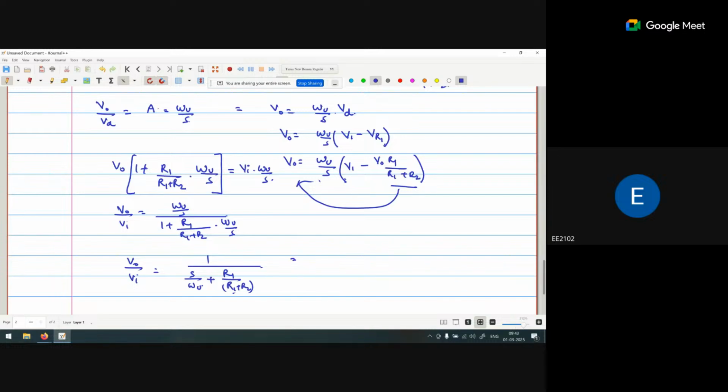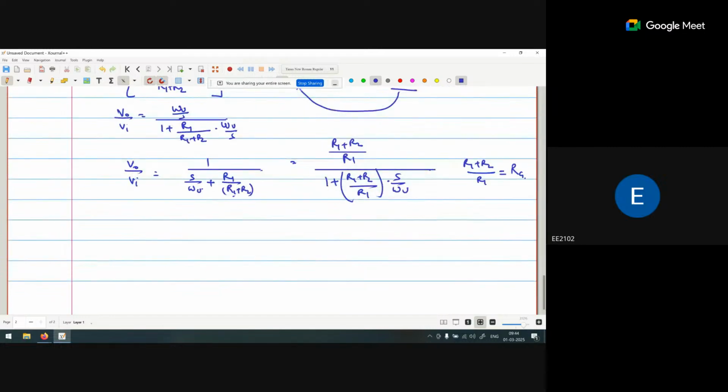Now if I further classify this one as A, if I take R1 upon R1 plus R2 outside, it becomes (R1 plus R2) by R1 upon 1 plus (R1 plus R2) by R1 times S upon omega U. And (R1 plus R2) by R1 we define as the RG gain.